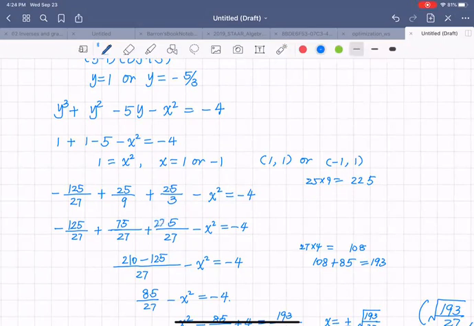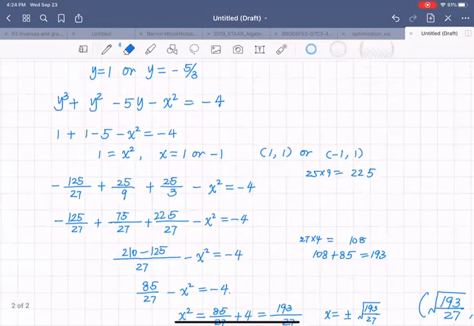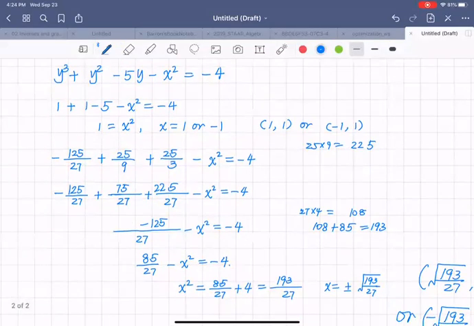Now 225 plus 75 is 300, right? Okay, then 300 minus 125 is 175. Yes, 175.